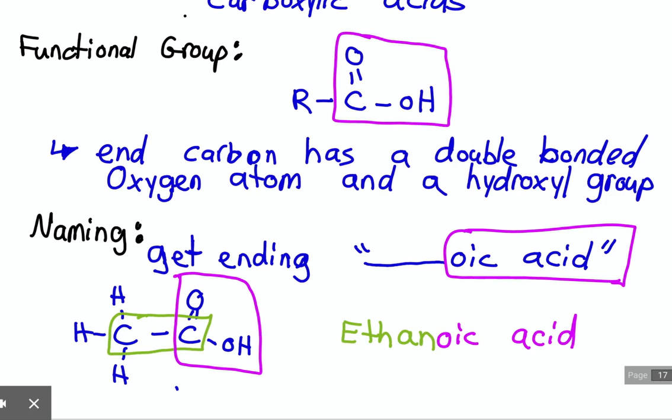So for example, we look at this very simple carboxylic acid, 2 carbons, tells us that it's eth, and it's a single bond, so it's ethan, and then -oic acid to indicate that we have this double bonded oxygen and hydroxyl group bonded. So just making sure you have this copied before we move on.